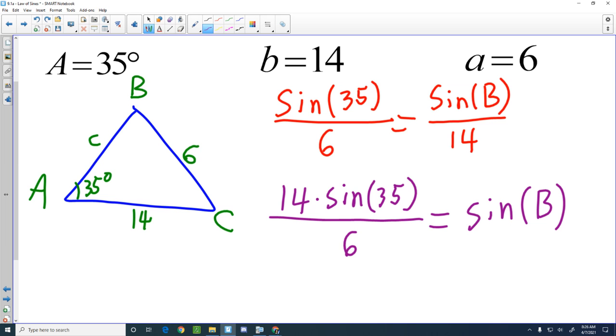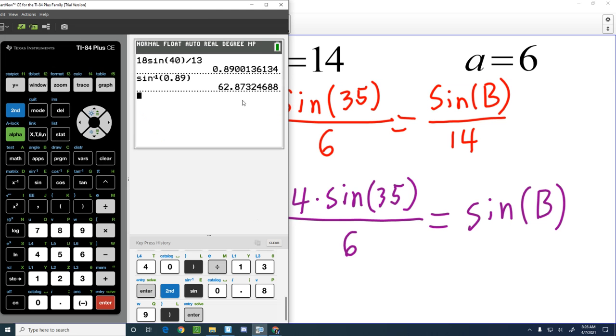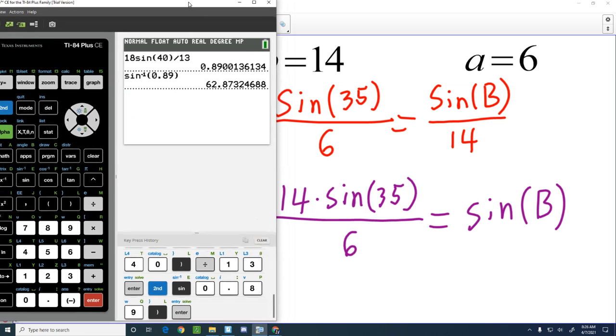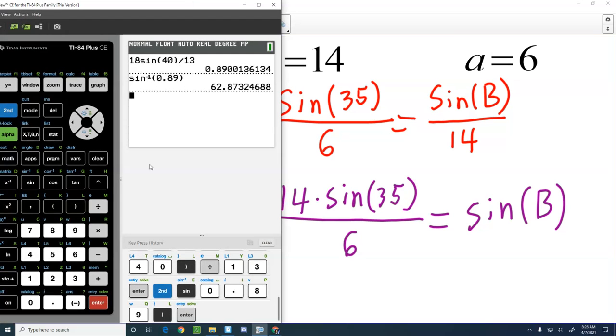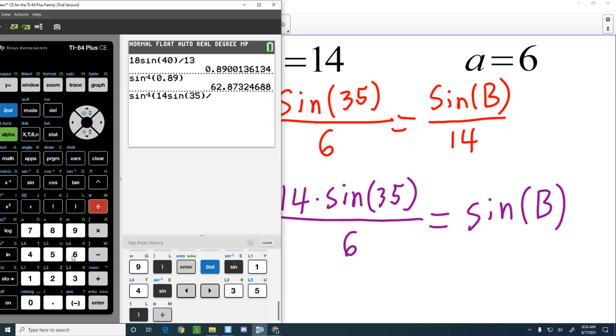And by the way, those of you with a fancy schmancy graphing calculator, you can just take the sine inverse of this entire calculation on the left side all at once. It makes it a little bit easier, gives you more exact values. So I could just do second sine inverse of this whole fraction: 14 times the sine of 35 divided by 6.